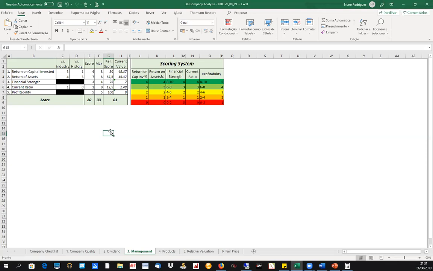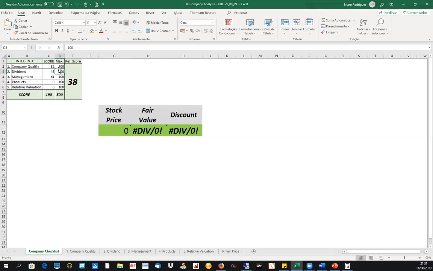Overall, in terms of management, really good management, above average, so 61% for management. You see here, our matrix starting to build up. We have company quality, 82%, dividend a little bit poor, 48%, management, 61%.